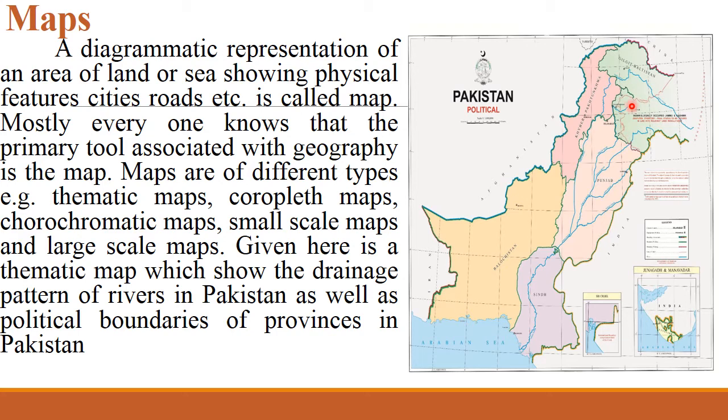The second theme, which is clearly shown on this map, is the drainage pattern of our rivers, showing how many main rivers there are, where they flow, and in which direction they flow. That's why this map is called a thematic map or political map. The drainage pattern shows the rivers and the political boundaries of provinces in Pakistan.